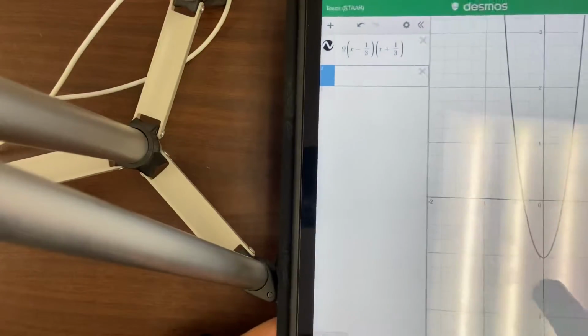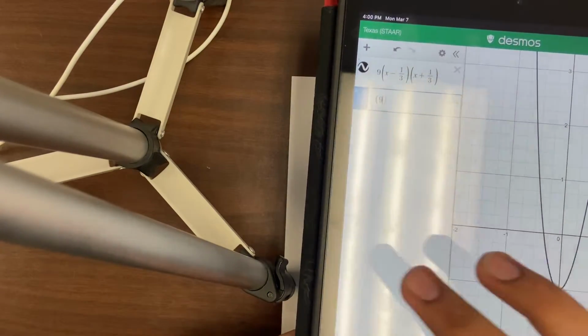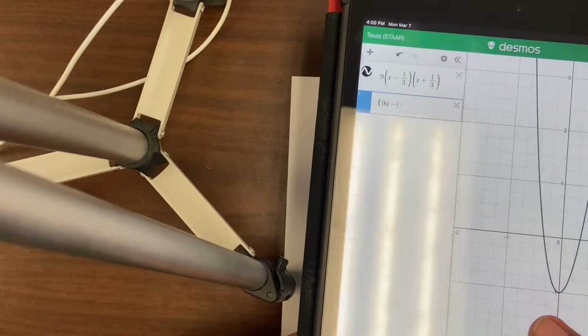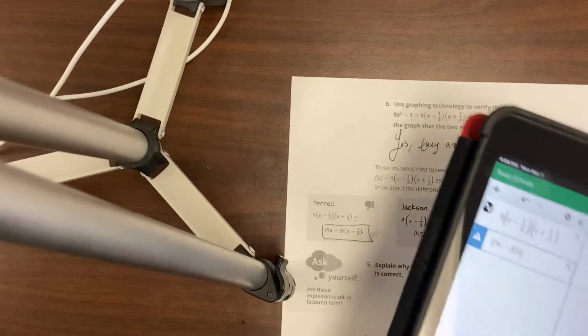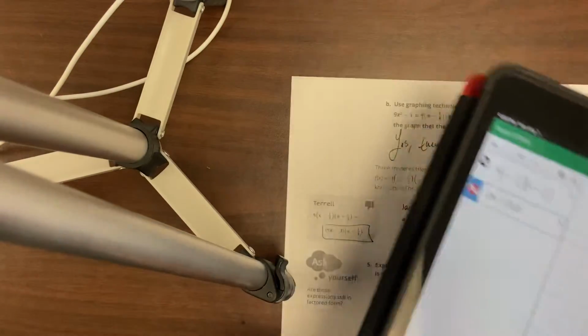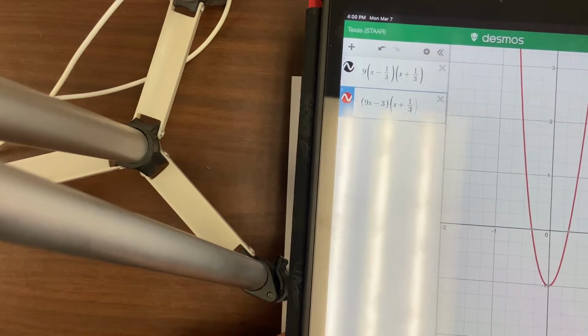Type it in. 9, oh, forgot parentheses. 9x minus 3 times x plus 1/3.